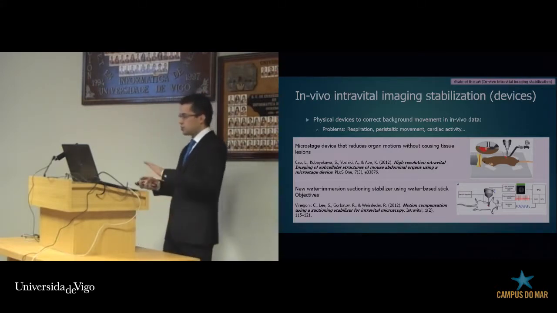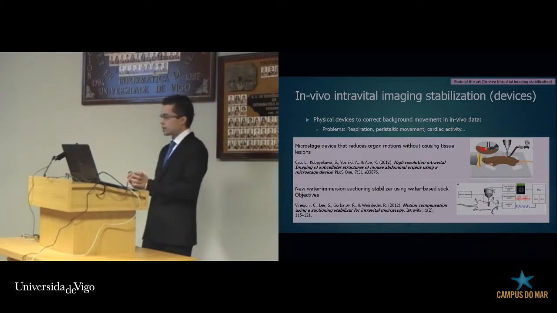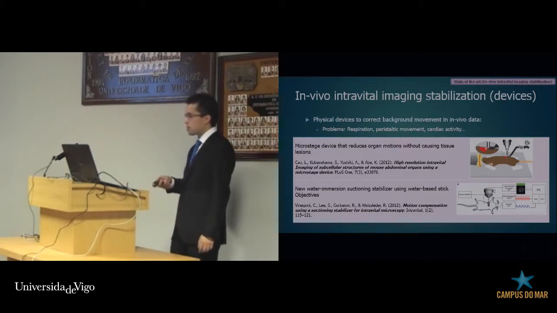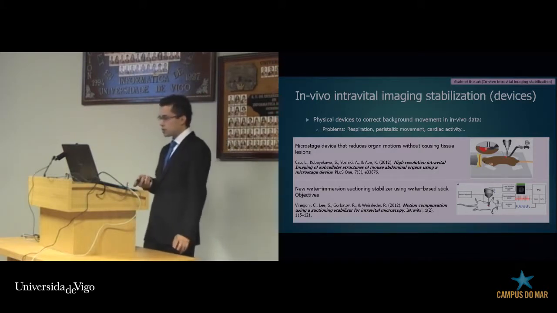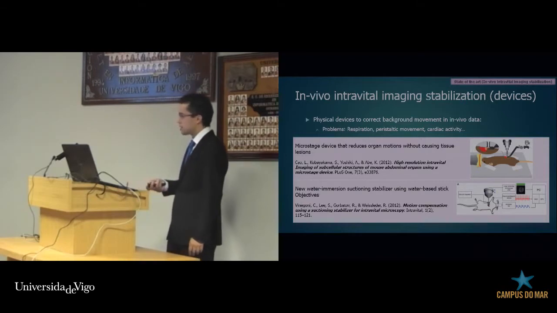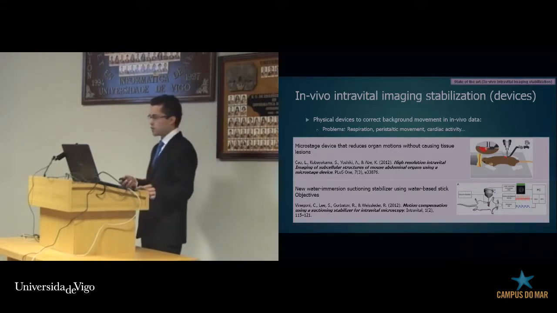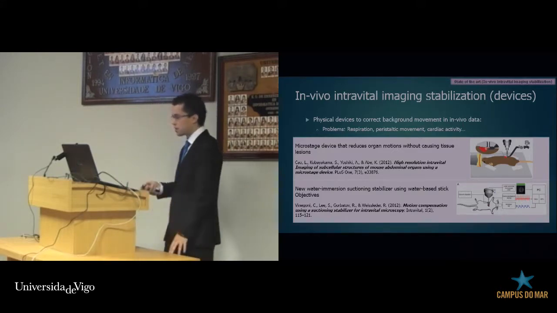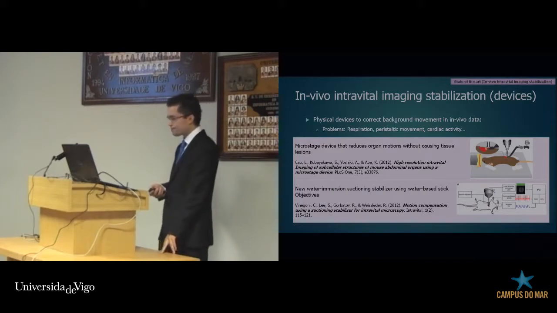They put in a physical device to correct or remove the movement. The second is a new water immersion suction stabilizer using a water-based stick to reduce the motion. I think it's for cardiac imaging.